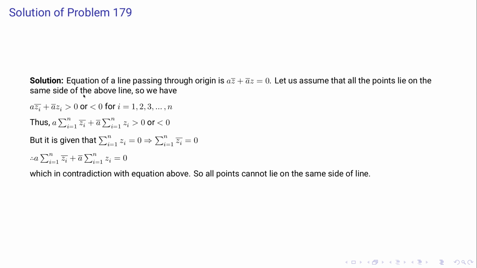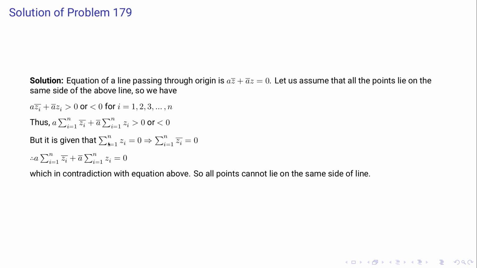Now, since all the points lie on one particular side of this line, we have a z_i bar plus a bar z_i greater than 0 or less than 0, because the points are all on one side. So from this, we can say that a times the sum from i equal to 1 to n of z_i bar plus a bar times the sum of z_i is all greater than 0 or less than 0.